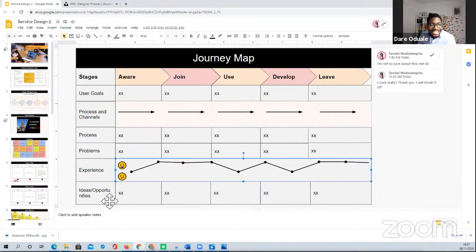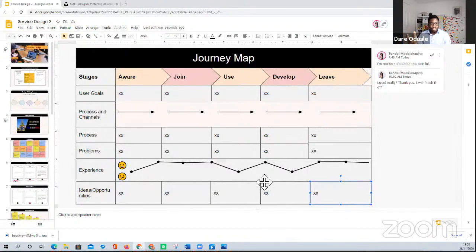So then the ideas and opportunities. On this as well, we can capture and say, at this particular stage, this is what we think we can do. You capture your ideas in here. So you see that this journey map is helping us do almost everything, from empathy to defining the problems to ideating the solution.